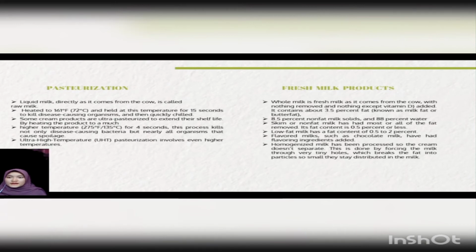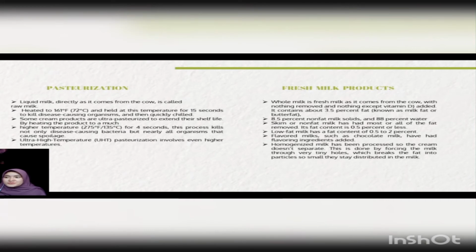Some cream products are ultra pasteurized to extend their shelf life by heating the products to a much higher temperature, 275 Fahrenheit or 135 degrees Celsius, for 4 seconds. This process kills not only disease-causing bacteria but nearly all organisms that cause spoilage. Ultra high temperature, UHT, pasteurization involves even higher temperature.